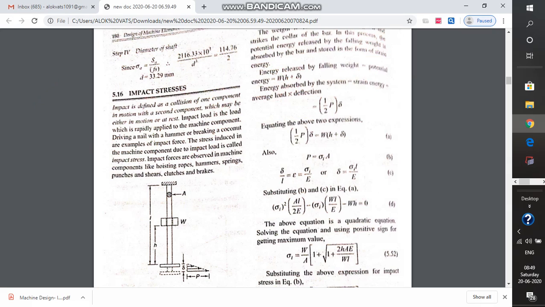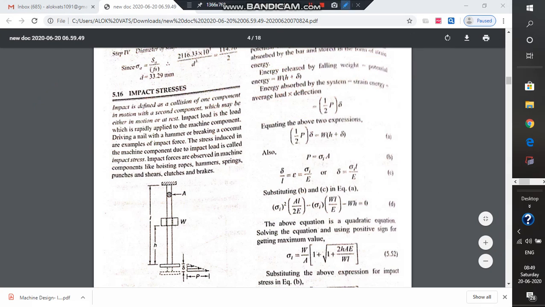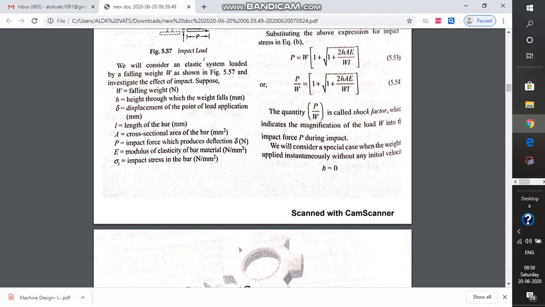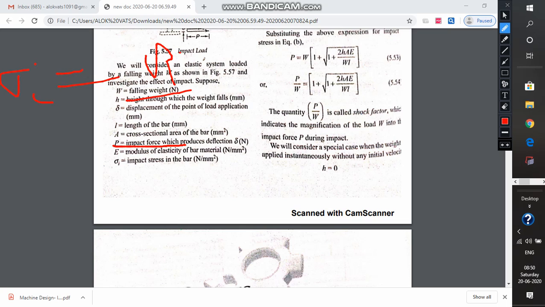We are now in a situation to equate both these equations and use the value of P equal to sigma I into area, because sigma I equals P by area, that is the impact stress. The impact force is designated not Pi but P only. Pi by A we have written is nothing but P by area only.